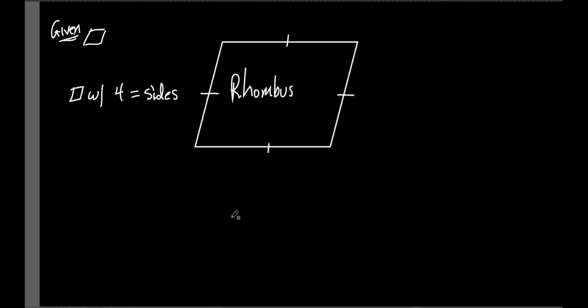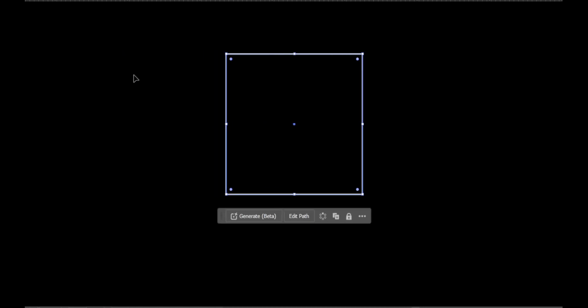So what do you think the next figure we're going to draw is? A square. Very good. It's not that hard to figure out, right? So let's draw a square. So we know it's a square. It's under that umbrella of what? It's a parallelogram, right?